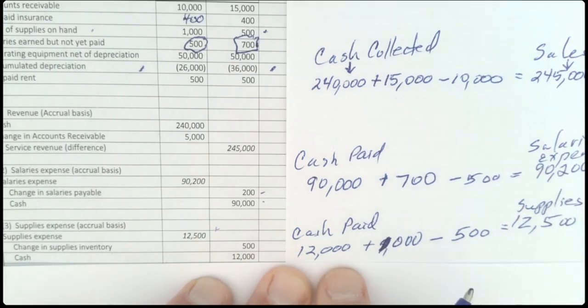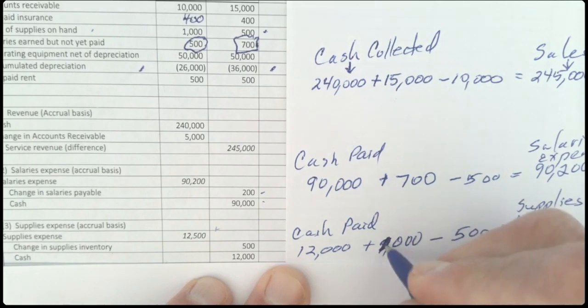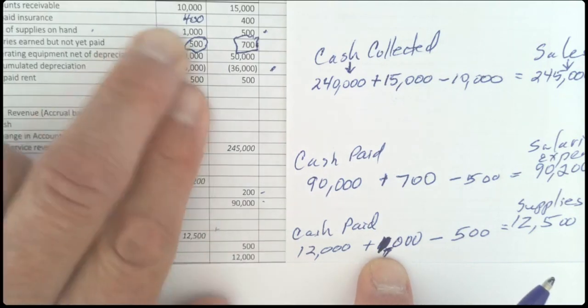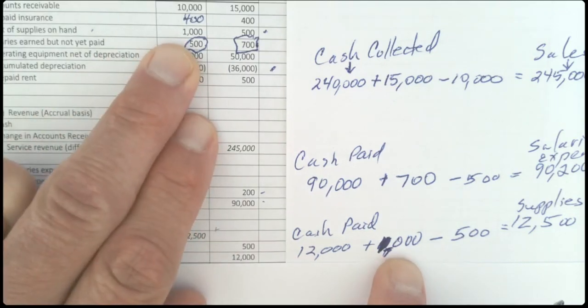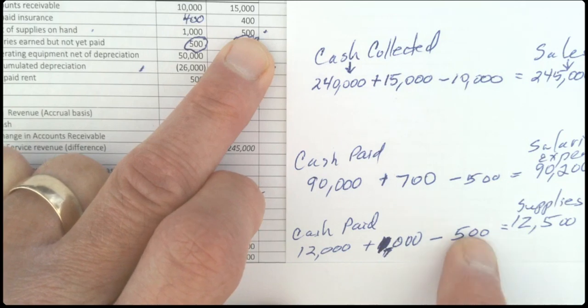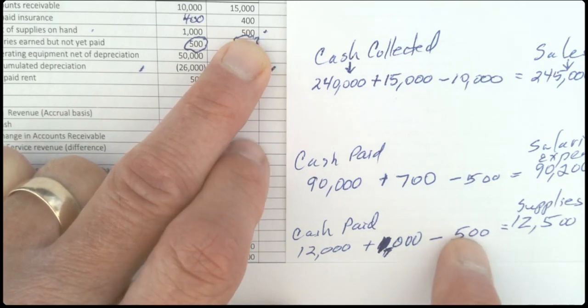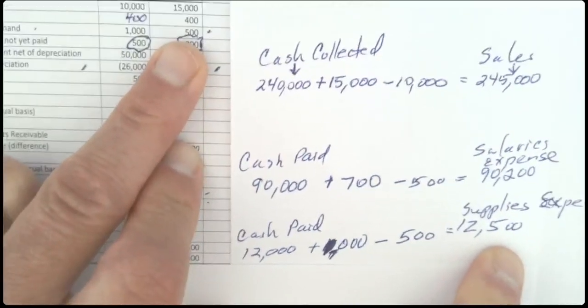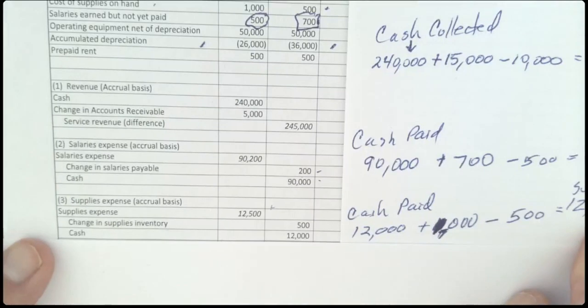Well, the cash paid was 12,000, but from that, we used the 1,000 we had at the beginning of the year, but did not use the 500 yet that we've paid for, but they're still on hand. So the expense, the used up supplies, is 12,500.